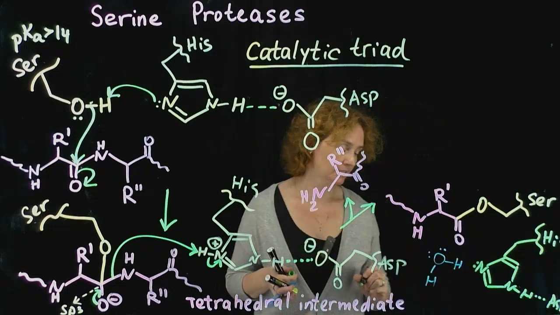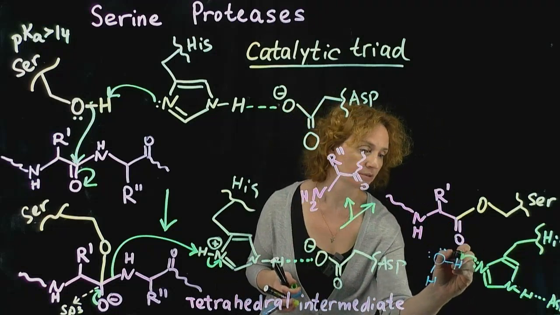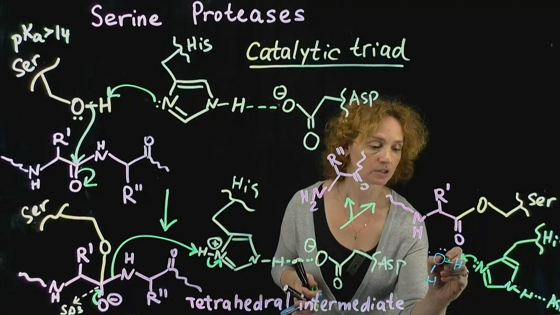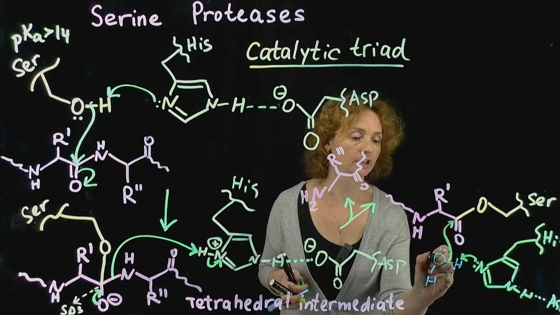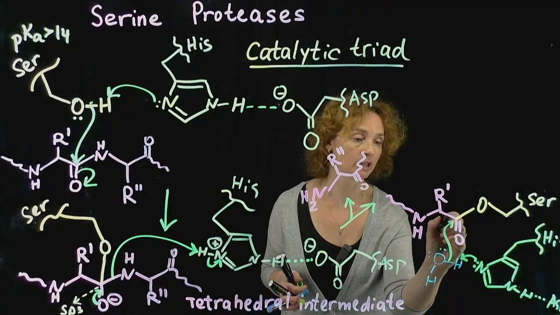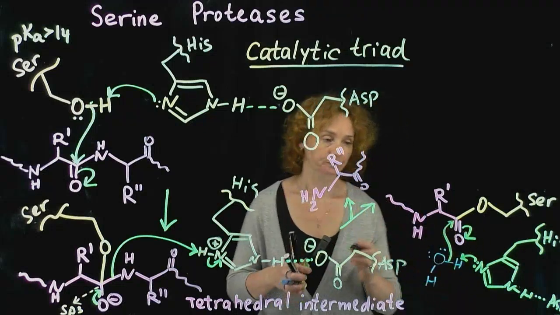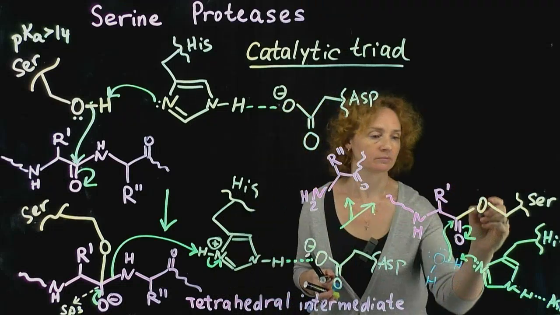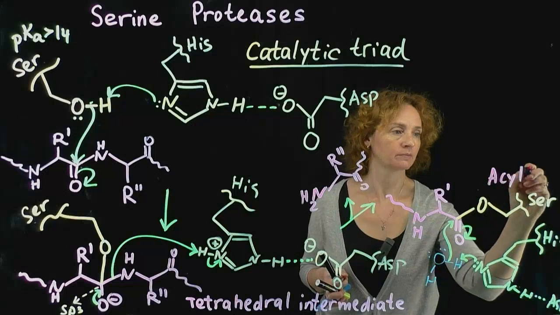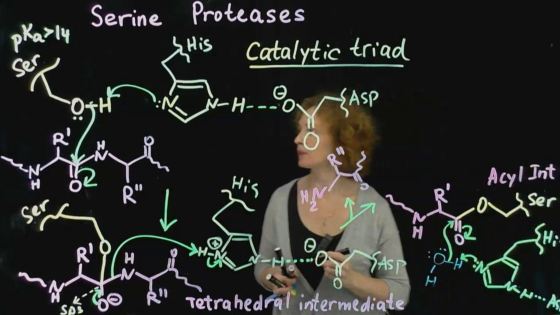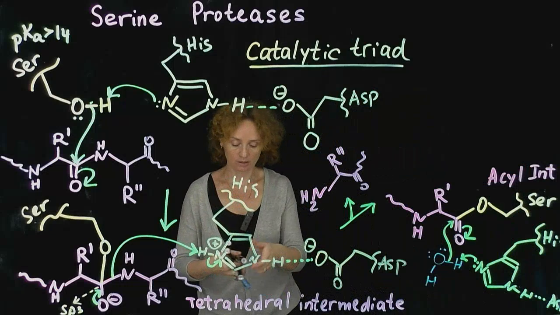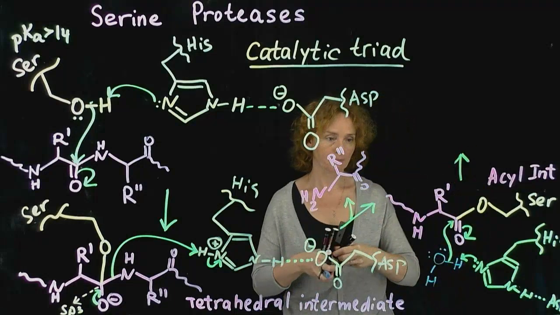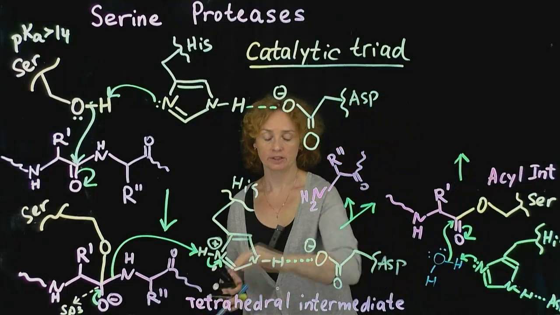And we have a base here again. So if histidine here serves as a base one more time, now the electrons from the oxygen-hydrogen bond can be used to attack our acyl enzyme intermediate. And we form another tetrahedral intermediate.